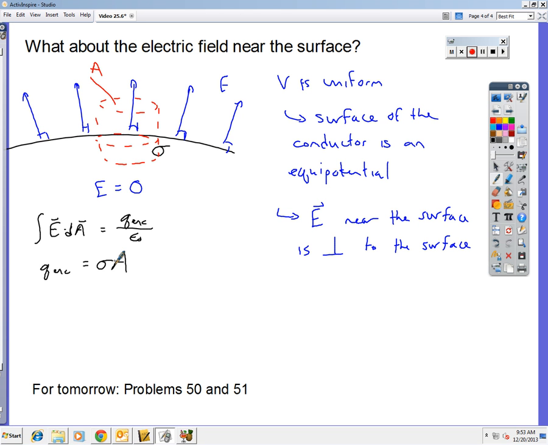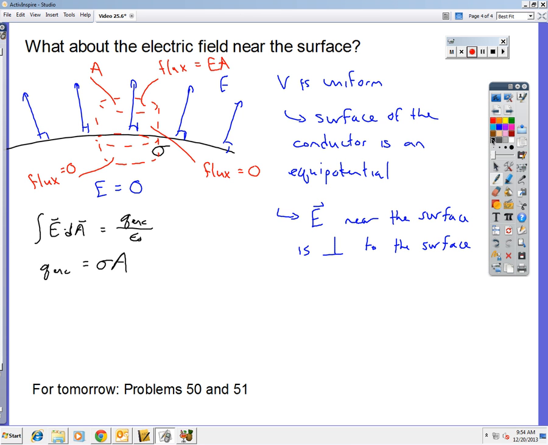And the flux through the curved side of the cylinder is 0, because the field is parallel to the surface. The flux through the bottom of the cylinder is also 0, because the field inside the conductor is 0. And the flux through the top is just equal to the electric field times the area of the top.